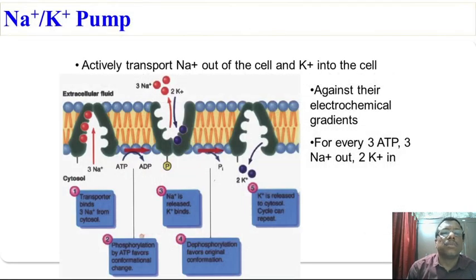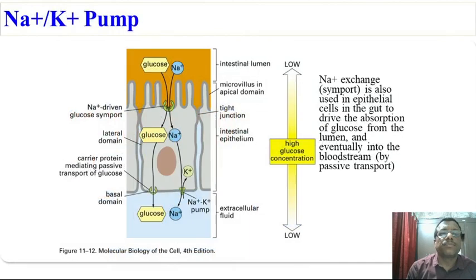This is the sodium and potassium pump, which allows the movement of sodium and potassium inside and outside the cell, which requires protein channels. Here the movement of sodium and potassium is explained, and the cell membrane inside the lumen of the intestine has finger-like projections.